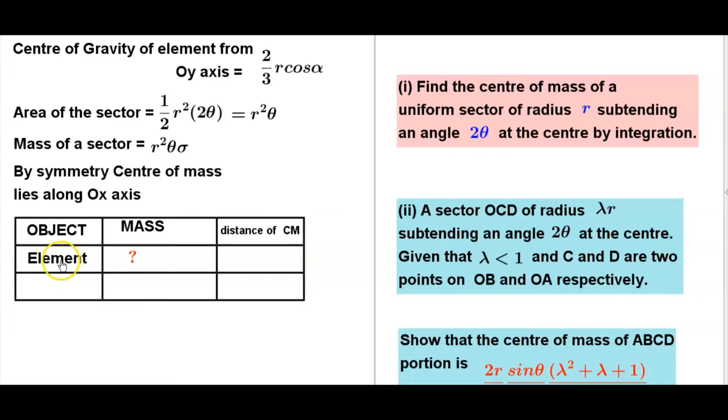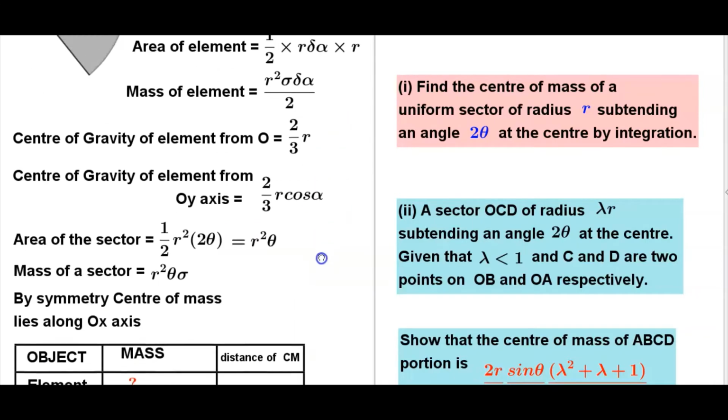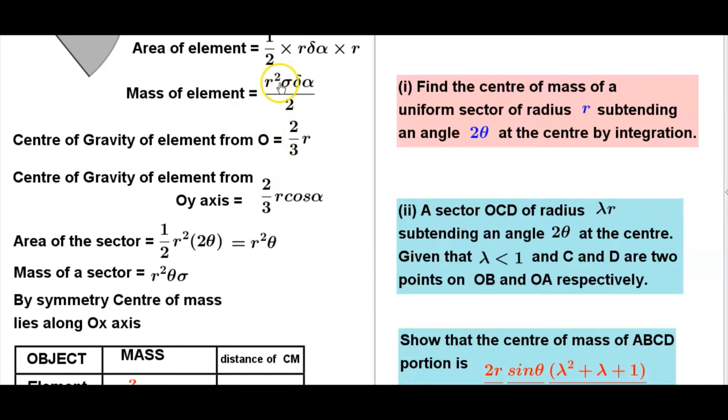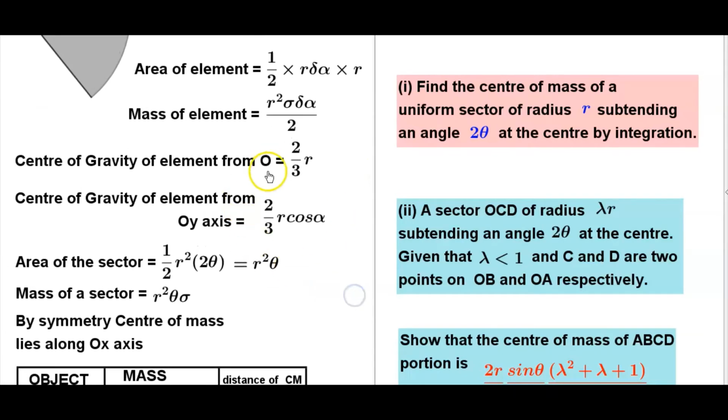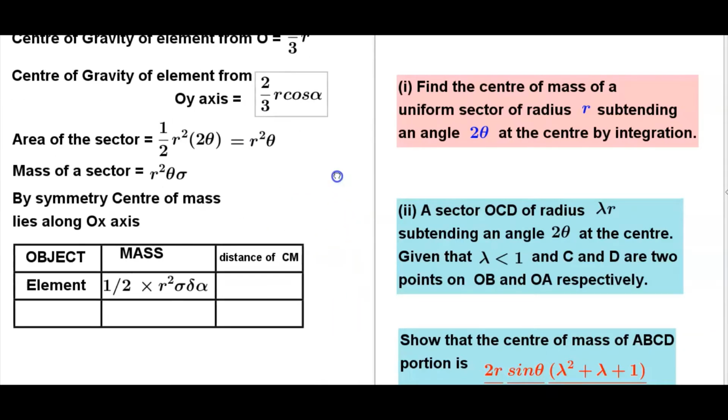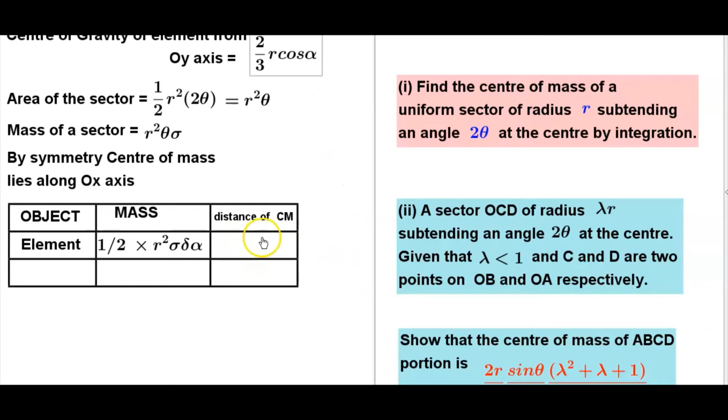First the element. The element is a triangle, and we already found the mass of this element: half r squared sigma delta alpha. The distance of center of mass from the OY axis is 2/3 r cos alpha.